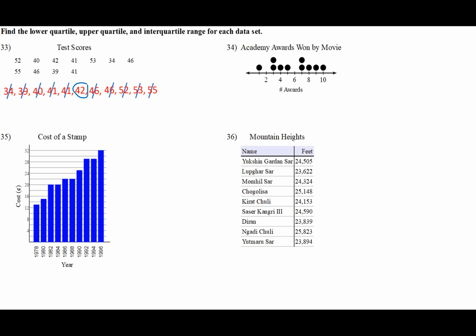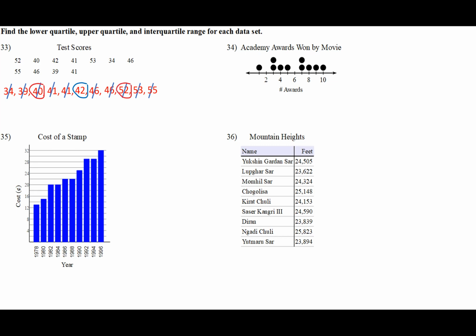From those numbers on the left, from 34 to 41, let me find the one in the middle of that list. In this case 40. That's my lower quartile. Now let me see the numbers to the right of my median, from 46 through 55. Let me find the number in the middle.